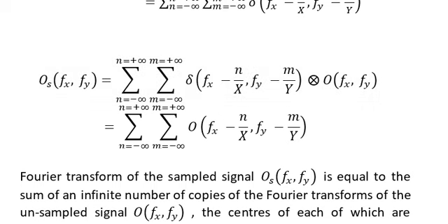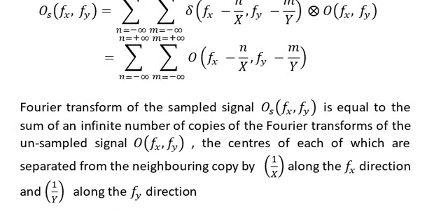So lastly we have two summations on the signal capital O, which is now sampled at fx minus n over capital X comma fy minus m over capital Y. So that is the Fourier transform of the sampled signal. Now on the left hand side you have the Fourier transform of the sampled signal at fx comma fy, which is equal to the sum of an infinite number of copies of the Fourier transform of the unsampled signal capital O of fx comma fy.